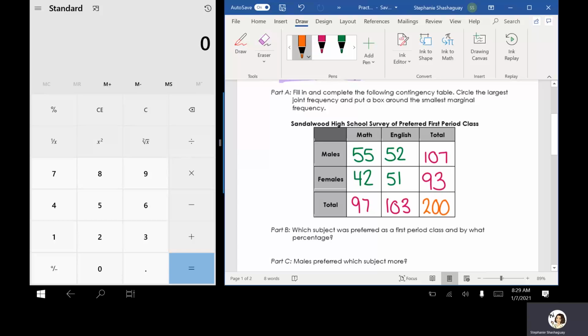Part A says fill in and complete the following contingency table or two-way frequency table. We did that. Then it says circle the largest joint frequency. Now, if you remember from yesterday or from the videos, we talked about the fact that these 4 middle numbers are our joint frequencies.